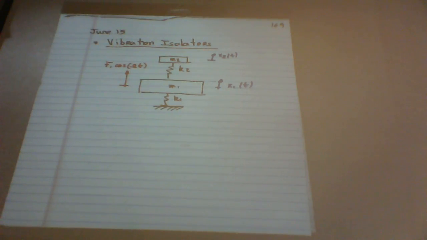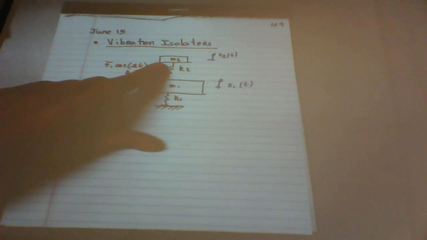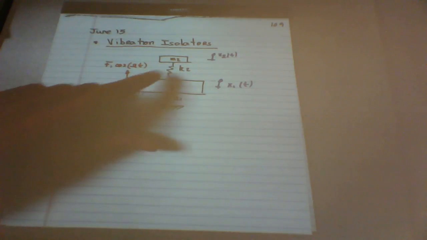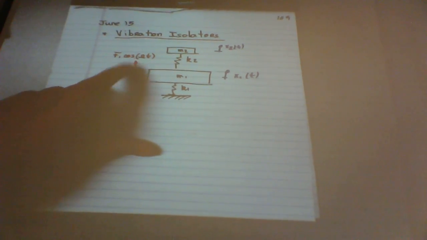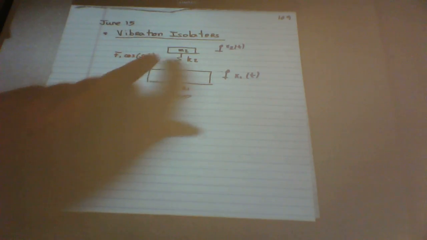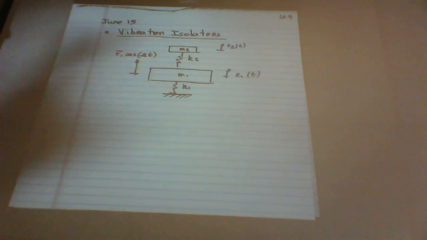Here what we're trying to do is to design what should be K2 and M2 so that this will not vibrate anymore, because this is the one which has the excitation. We could have put the force over here, it doesn't matter. The procedure will be identical.